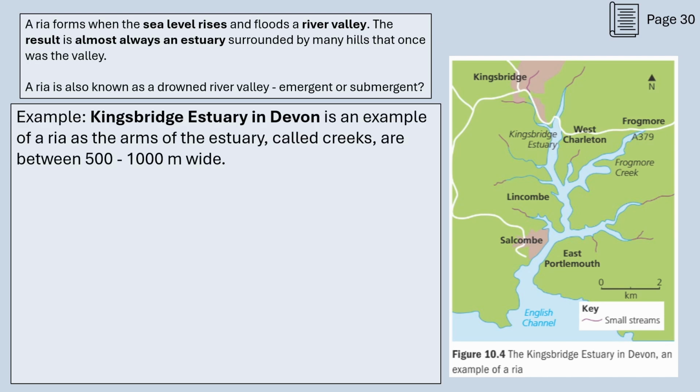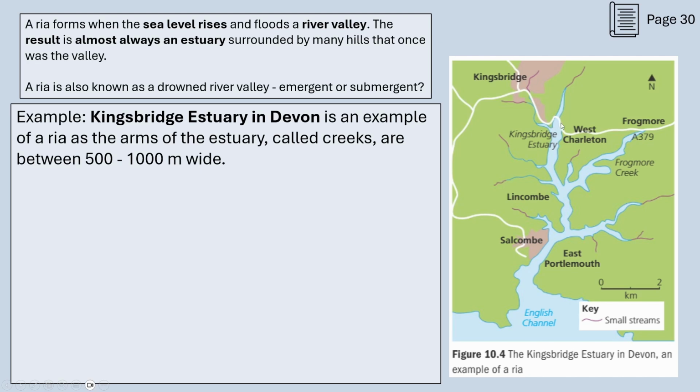For example, we've got the Kingsbridge estuary in Devon, and it's an example of a ria because there are arms in the estuary, these features here on the map, that are called creeks. Some of them can be between 500 to 1,000 meters wide, but some are maybe 100 to 200 meters, so they range in scale. What is important to note is that they're only small streams. They do not have enough erosive power to form these valleys.